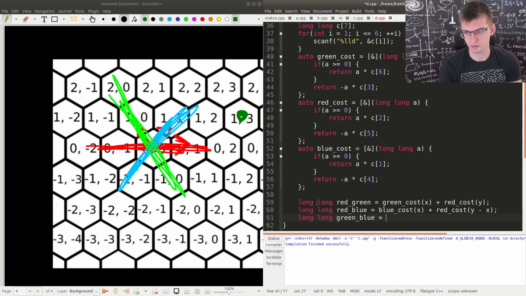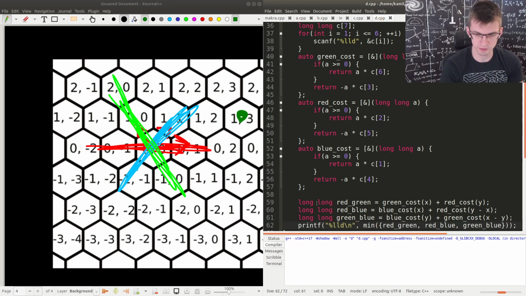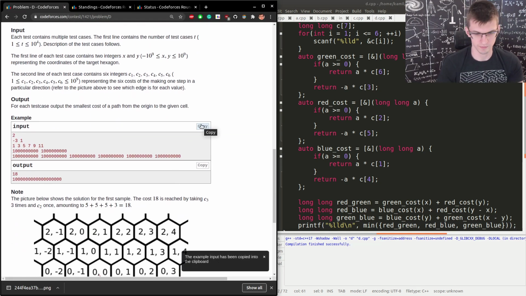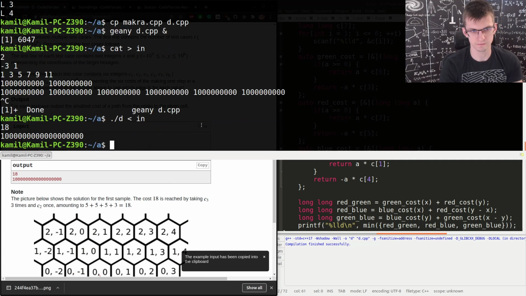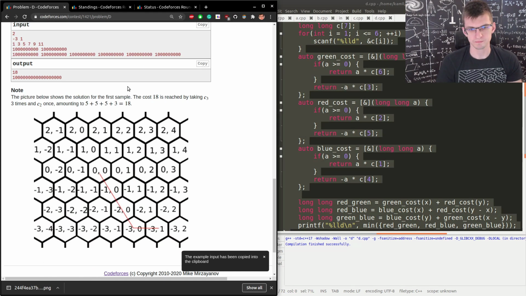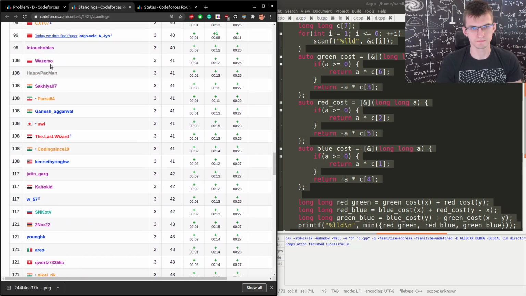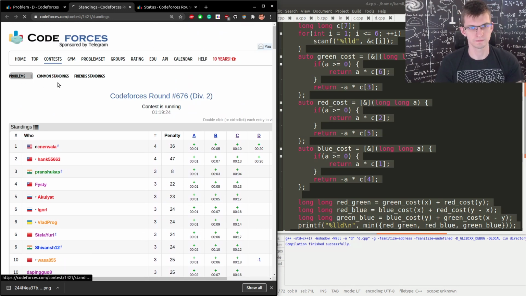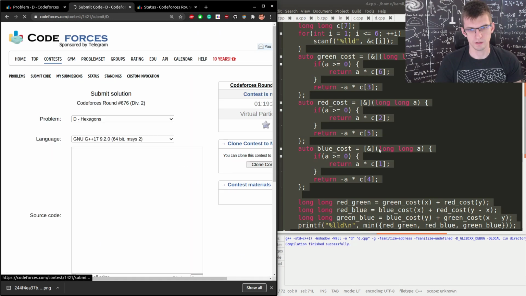Finally, green, blue. Print the minimum of 3 values. If something doesn't work, then I will print them one by one, just to see what's going on. It works. Let's submit it.